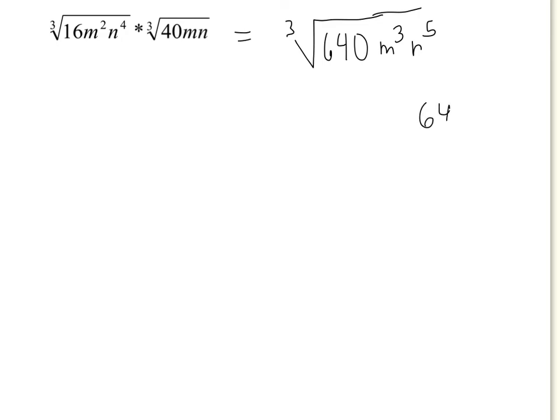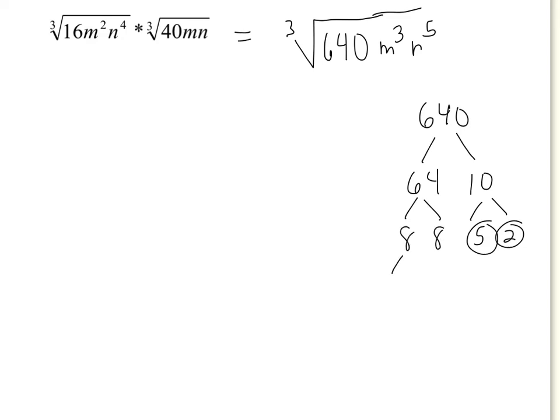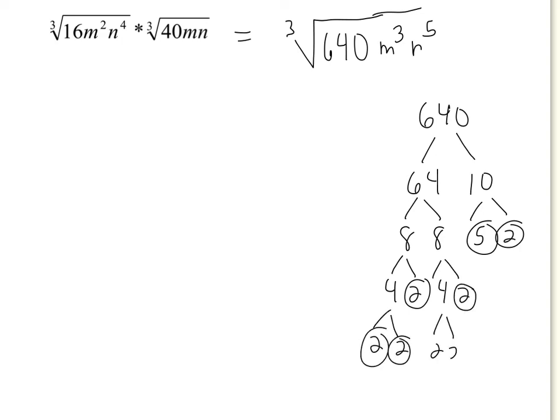So first I'll break down 640, which I know is 64 and 10, 5 and 2. This is 8 and 8, 4 and 2, 4 and 2, 2 and 2, 2 and 2.